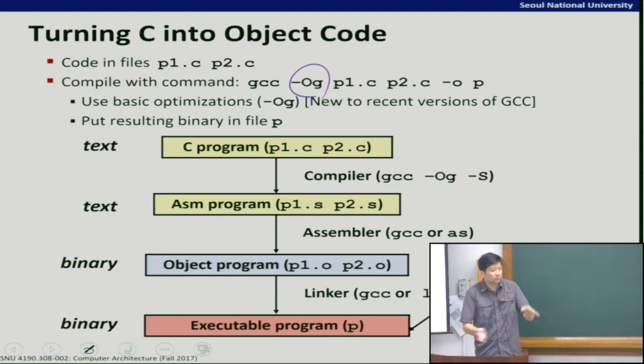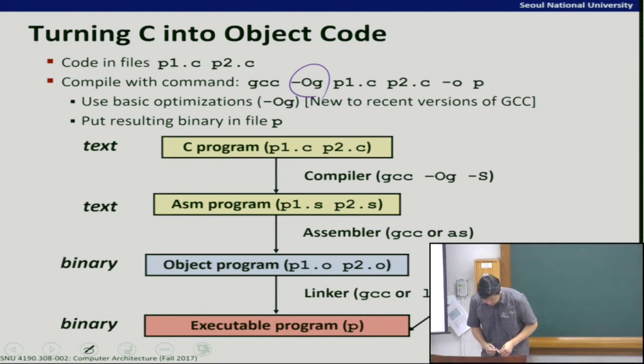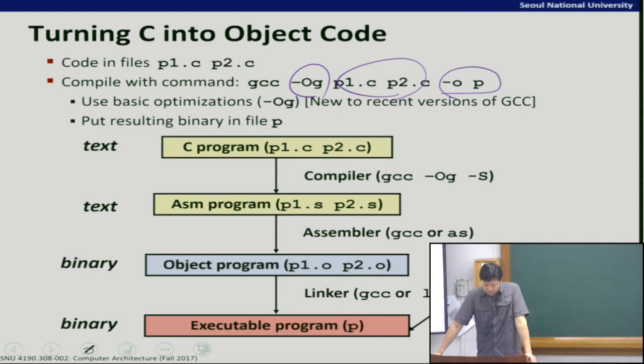If you increase the optimization level, generally it takes longer to compile, but the quality of code is better. I mean, more efficient code will be produced. And these are the 2 source files. Finally, the executable will be generated with the name p. So p will be the final executable file name.